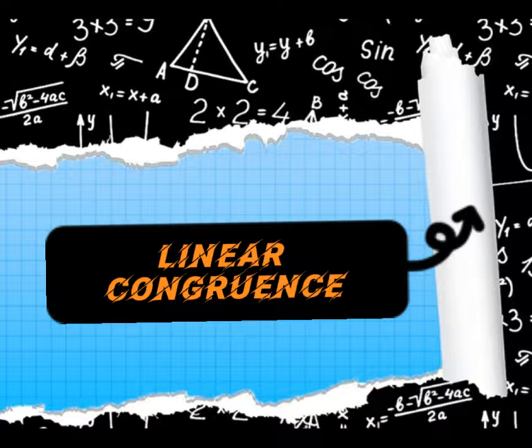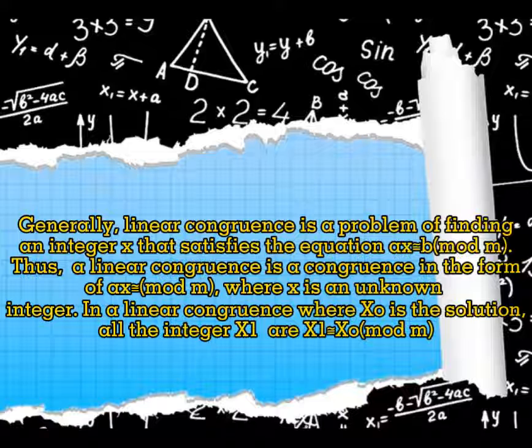So now let's focus on linear congruence. Generally, linear congruence is a problem of finding an integer x that satisfies the equation ax is congruent to b mod m. Thus, a linear congruence is a congruence in the form of ax is congruent to b mod m, where x is an unknown integer.